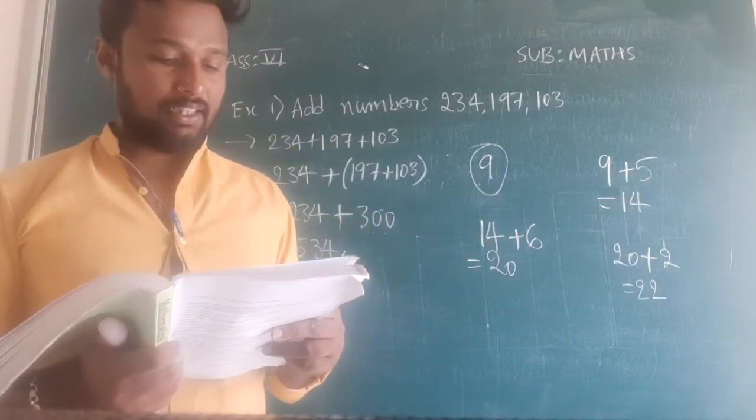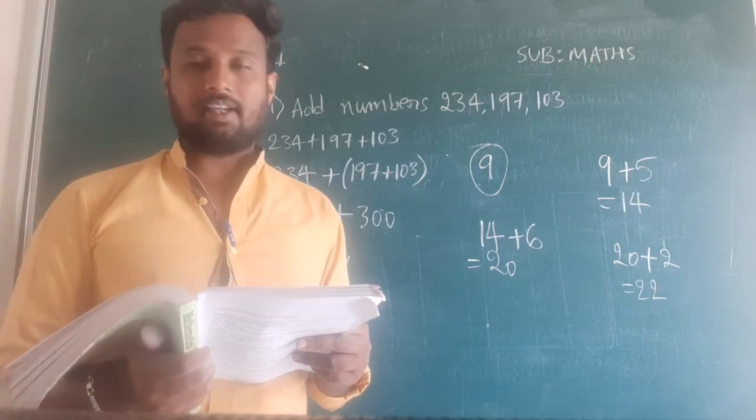You both play alternately. The winner is the one who reaches 100 first.